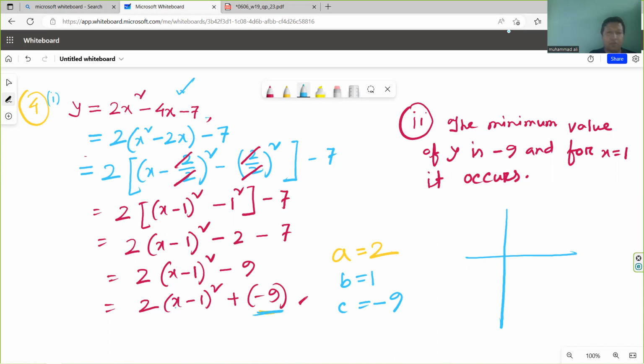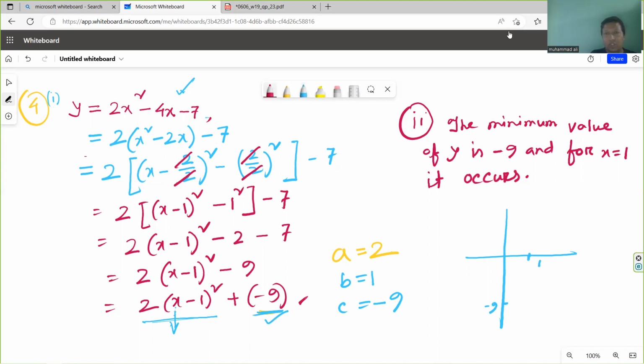And for what value of x do we get this? The value of x that makes this squared part 0. If we put x equals 1, this part will be 0. So the minimum value will be −9, and we get it at x equals 1.